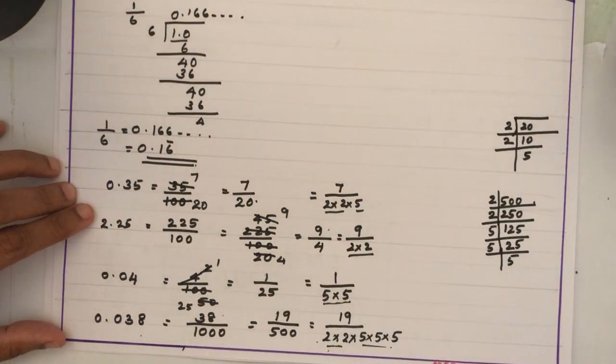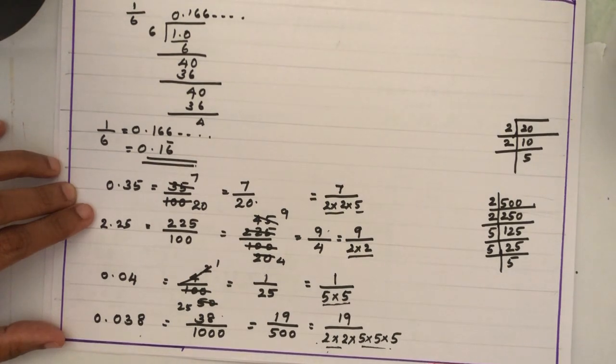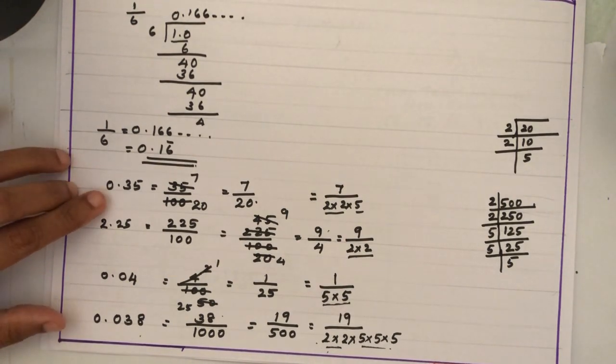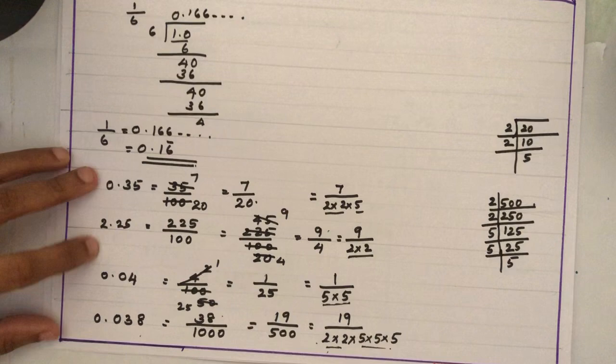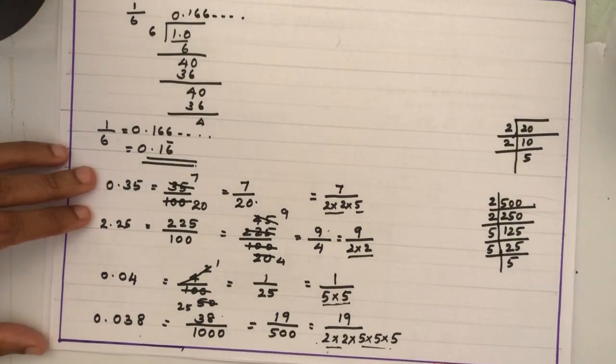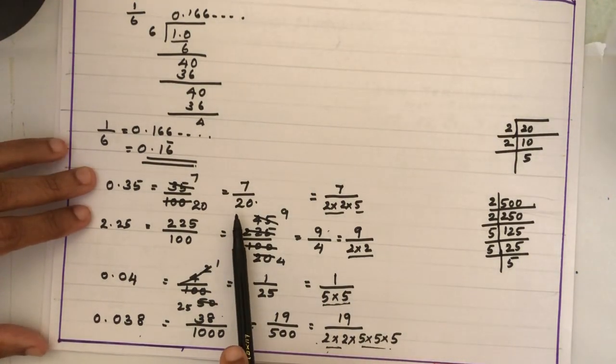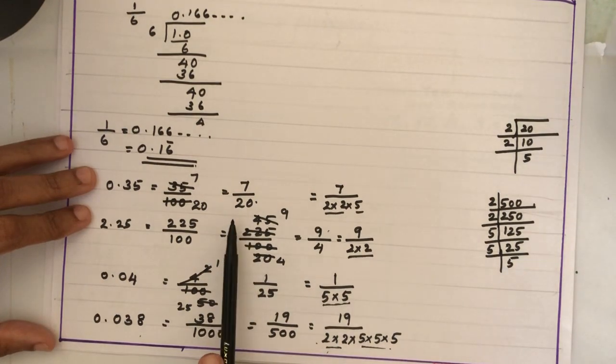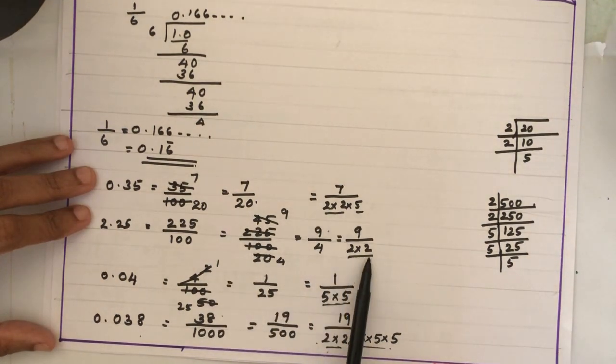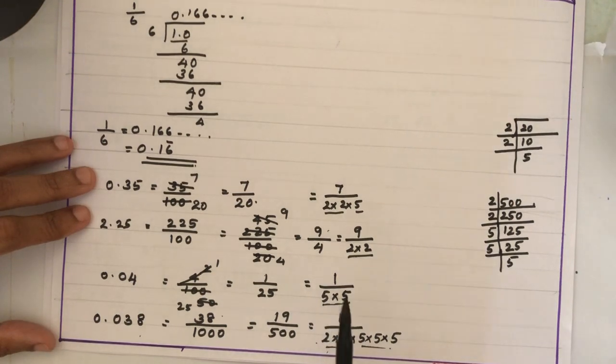If the decimal form is terminating, its rational number will have denominators which have factors only 2 or only 5 or only 2 and 5.